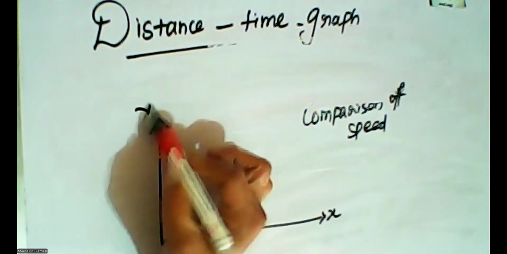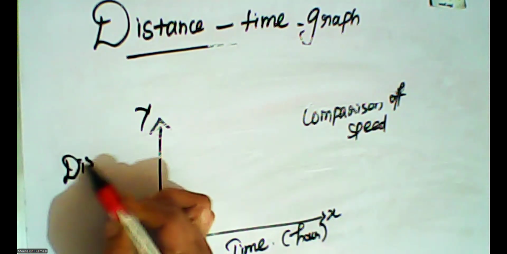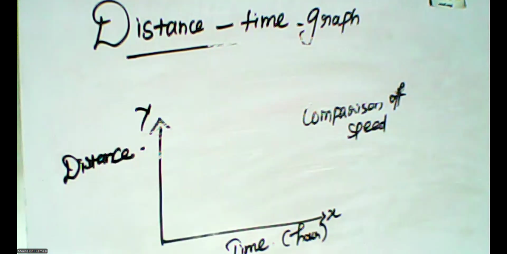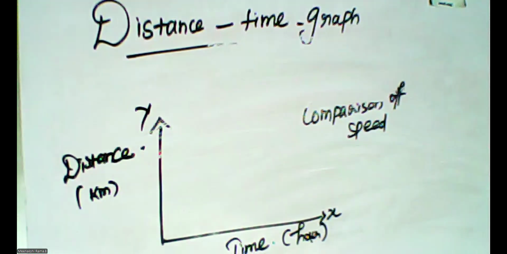Usually this is the x-axis and this is the y-axis. The x-axis is time, and on the y-axis we maintain distance in kilometers. Time we calculate in hours, and distance in kilometers. So this is the distance-time graph for comparison of speed. On the x-axis, 0, 1, 2, 3 and 4, because these are the first hour, second hour, third hour and fourth hour.